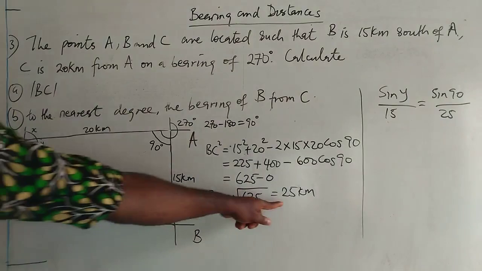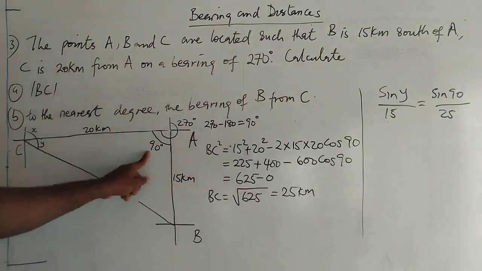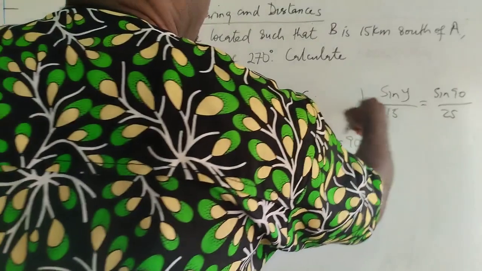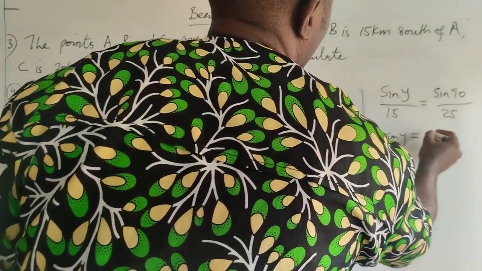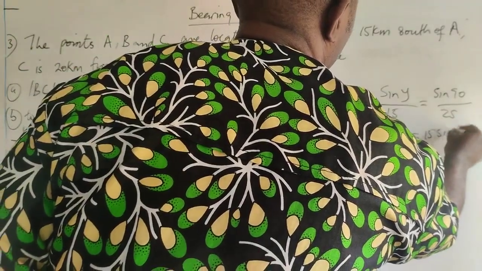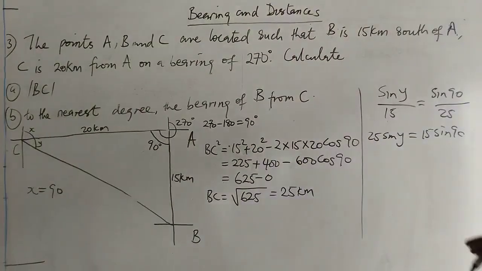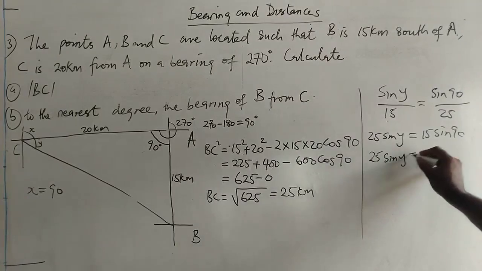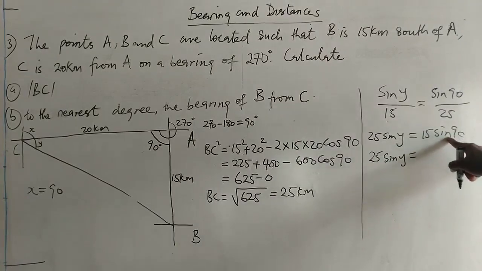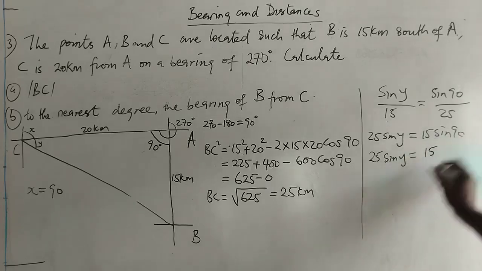Remember, we have found 25 as the side facing this 90. You cross multiply, you have 25 sine Y equals to 15 sine 90. Then 25 sine Y equals to, sine 90 is 1. 15 times 1 is 15.